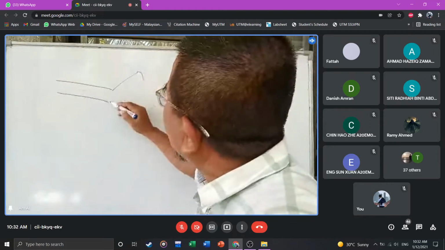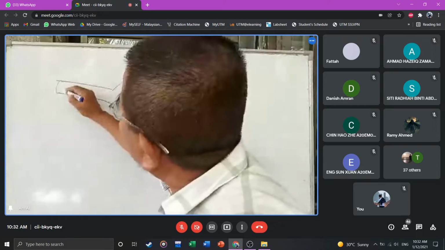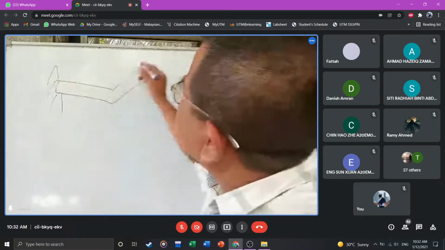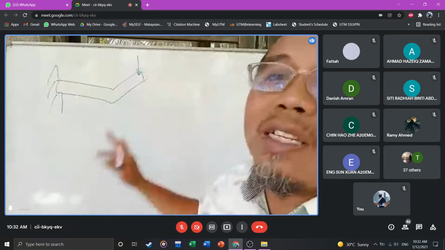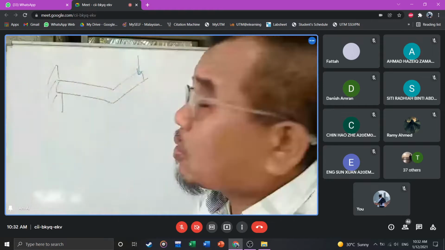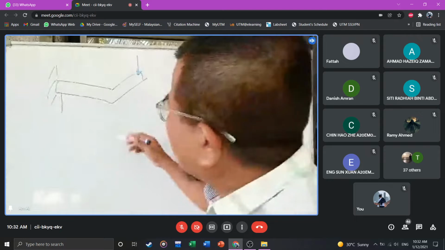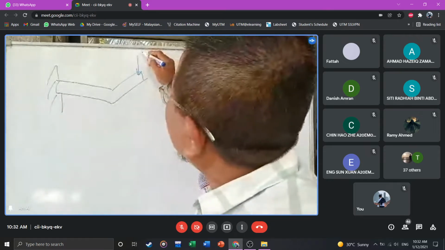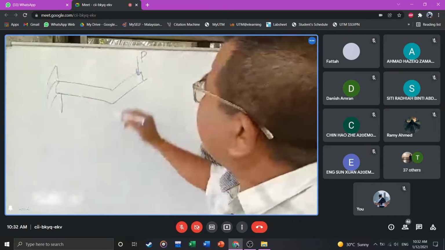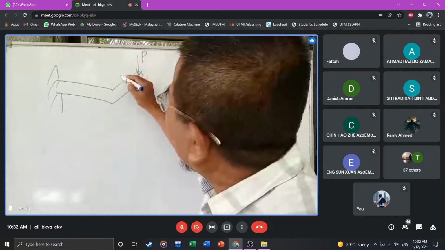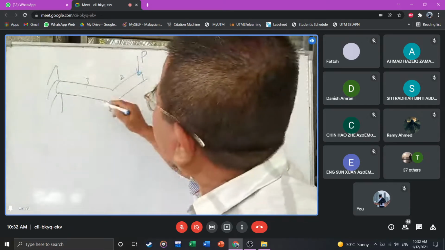I have used this diagram since 35 years ago, because you must understand the XYZ, the rotation and everything. So this is my P. This is 2 meter, 3 meter.